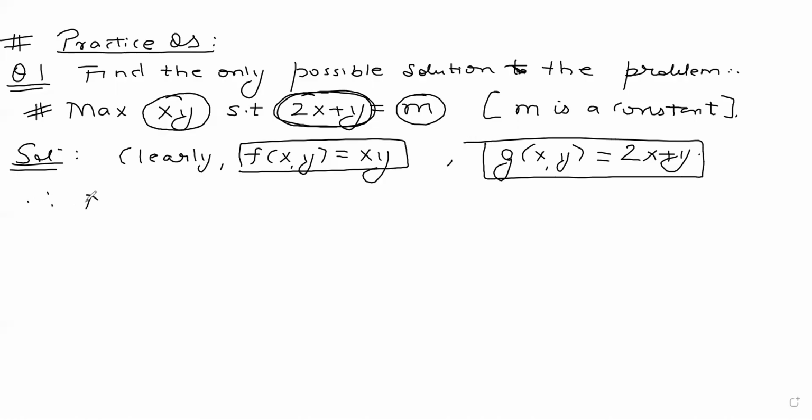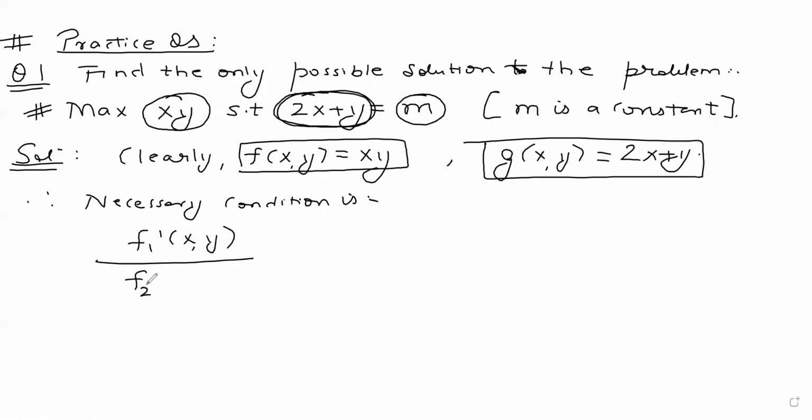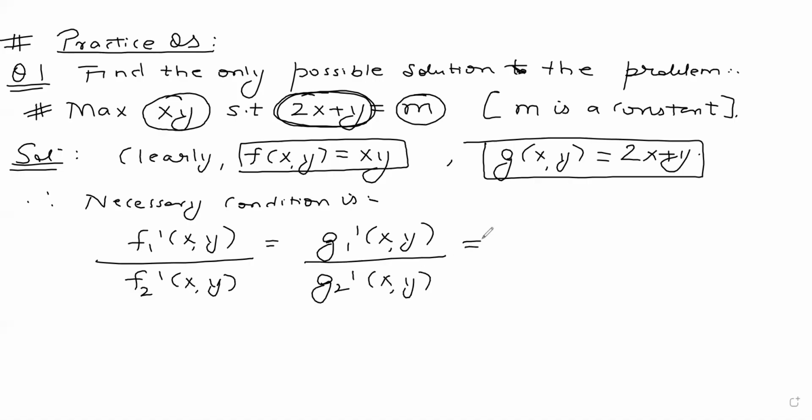So if I apply the necessary condition we have just learned, f1 dash x, y upon f2 dash x, y is equal to g1 dash x, y upon g2 dash x, y.